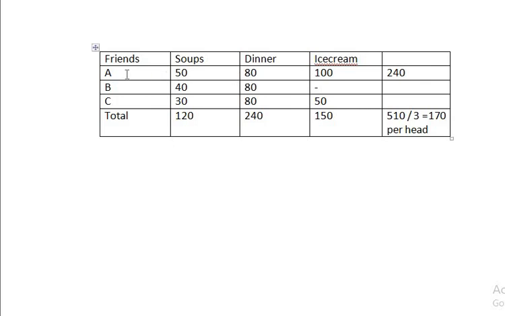Mr. A ate food worth rupees 240, but he is paying only 170. So Mr. A is feeling very happy internally.